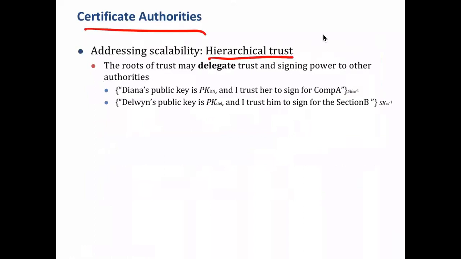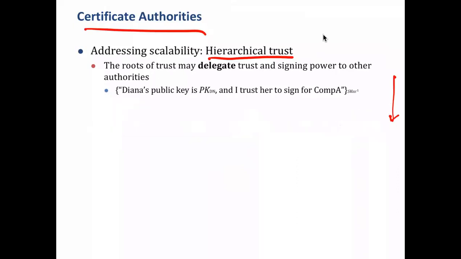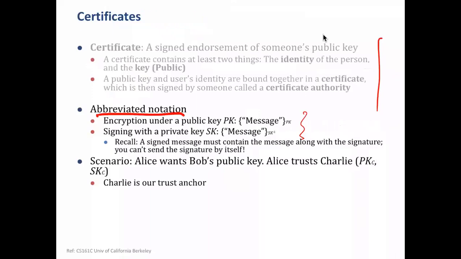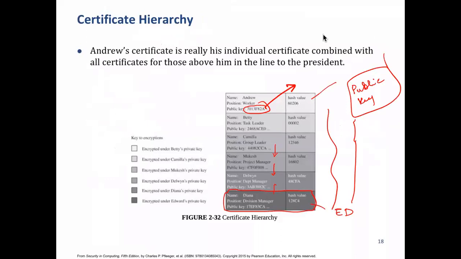And the example we have already seen, starting from the bottommost, who is at the lowest end, I forgot the name. Andrew. Andrew does not trust his manager Betty's public key directly, but this trust comes from Camilla's public key, and this trust comes from Mukesh's public key, and so on and so forth, right?